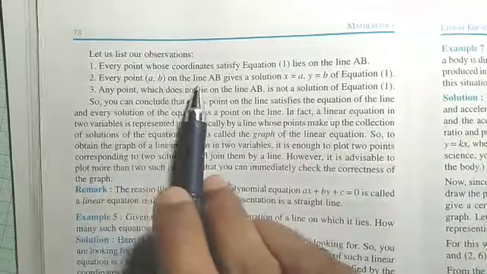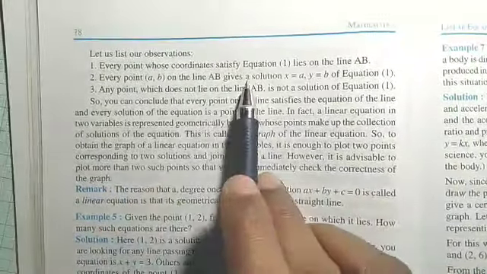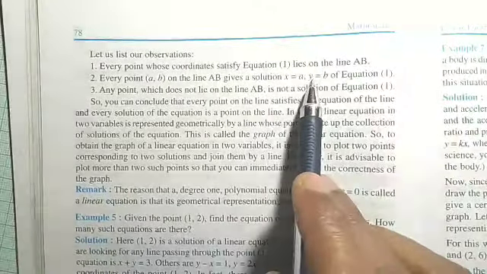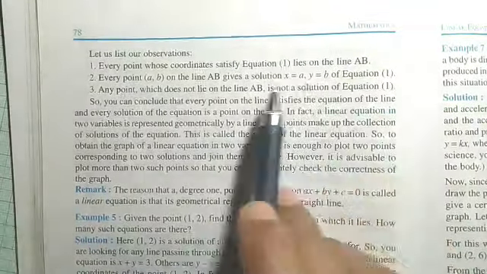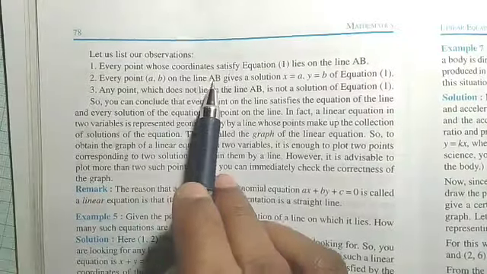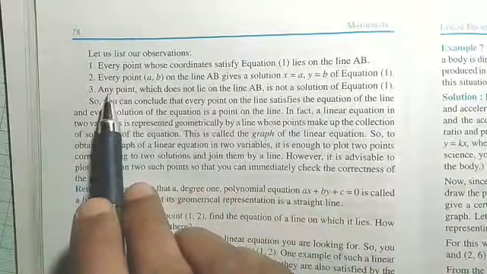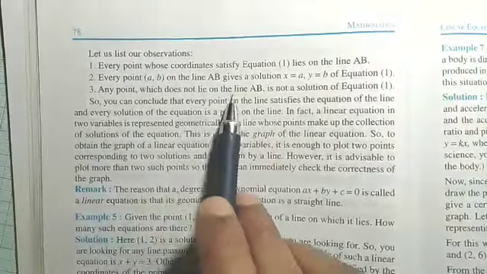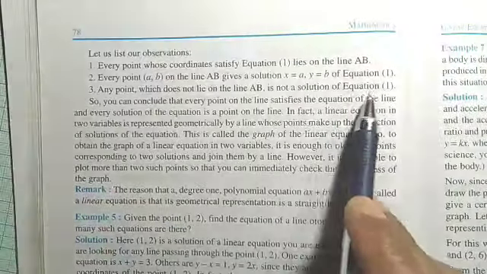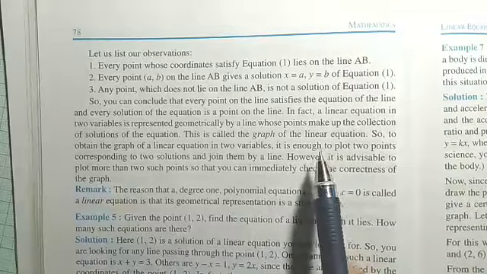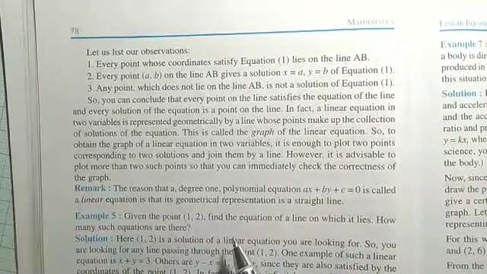Every point (a, b) on the line AB gives a solution x is equal to a, y is equal to b of equation 1. And any point which does not lie on the line AB is not a solution of the equation. These are the observations we get from the graph.